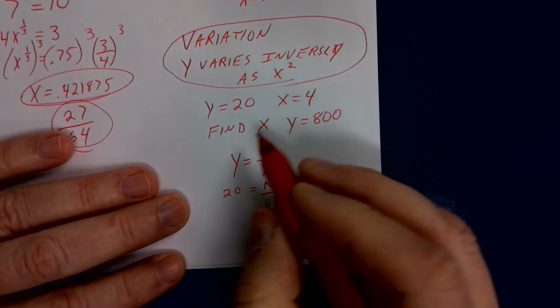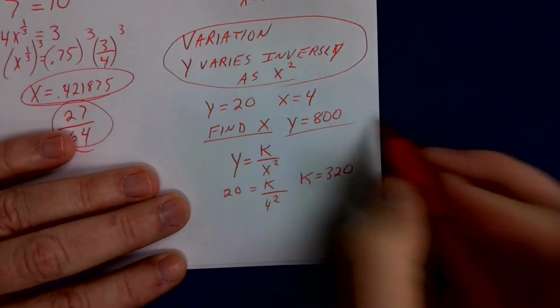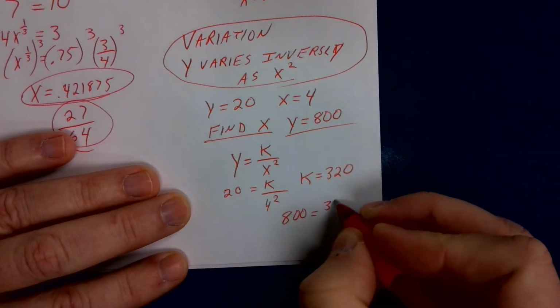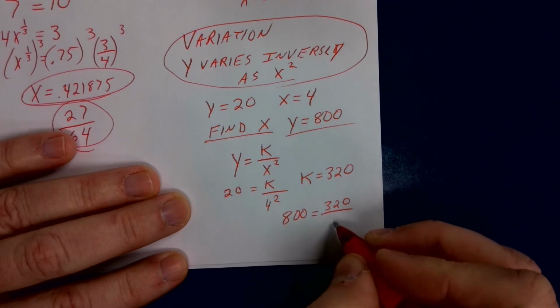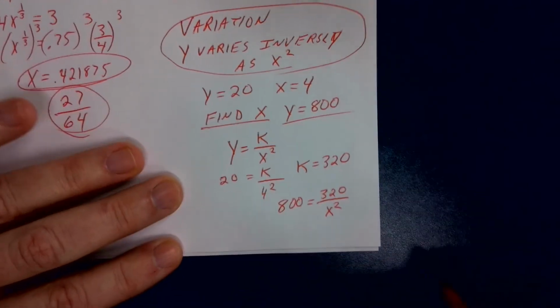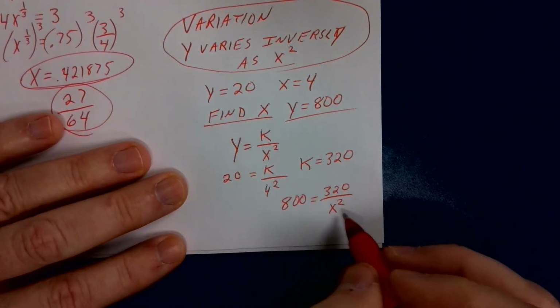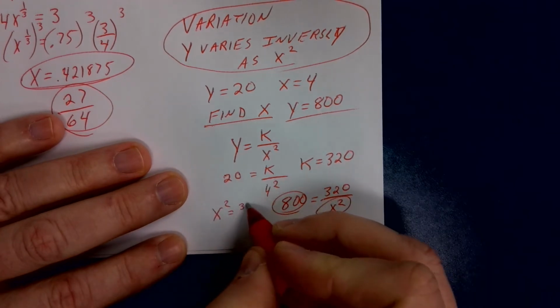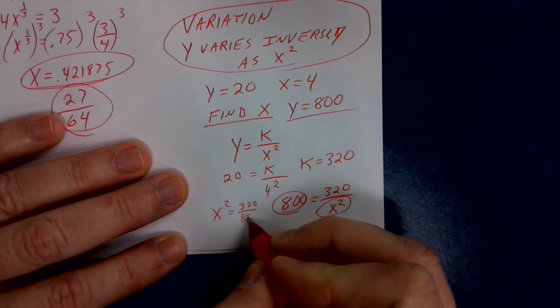So then I can go ahead and find x when y is equal to 800. So I write it again. 800 is equal to 320 divided by x squared. So I take my x squared and my 800 and I swap their places, and I get x squared equals 320 over 800.